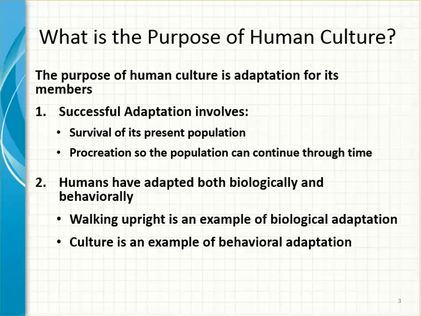Blind variation is that there just happened to be a couple that produced a little kink in their genes, and it was easier for them to stand on two legs rather than on four, and their offspring survived, and so they reproduced at greater rates, and offspring that they produced were like themselves, and over time the genes of the population changed. Now, culture, on the other hand, is an example of behavioral adaptation.